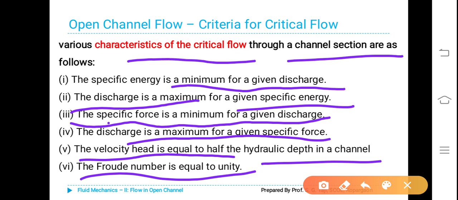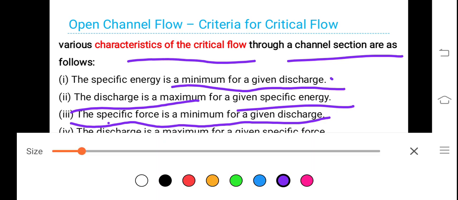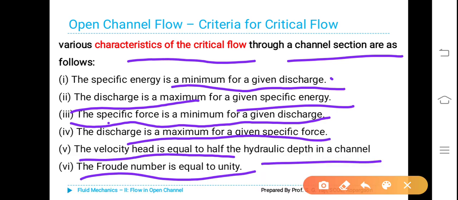This can be asked in the exam for 3 marks. What are the characteristics of the critical flow through a channel section? They are as under. Specific energy is minimum for a given discharge. The discharge is maximum for a given specific energy.